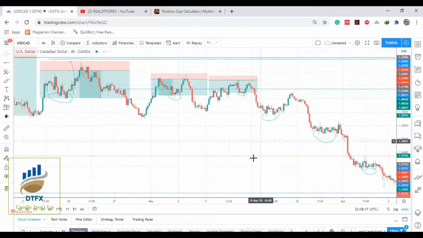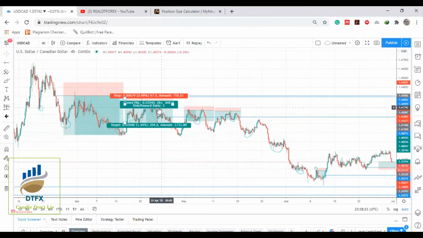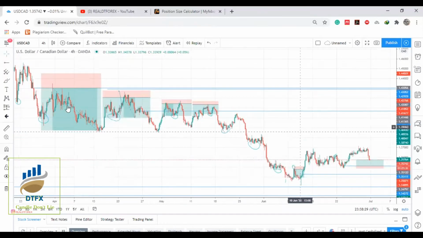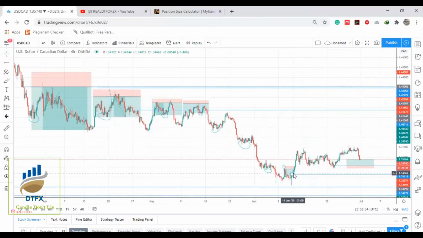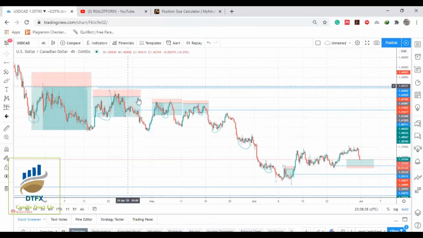So for this trade, we have five winning trades with our strategy entry, not even three. And look at how sniper they are.